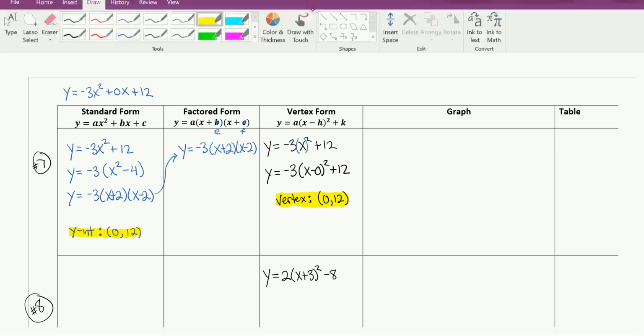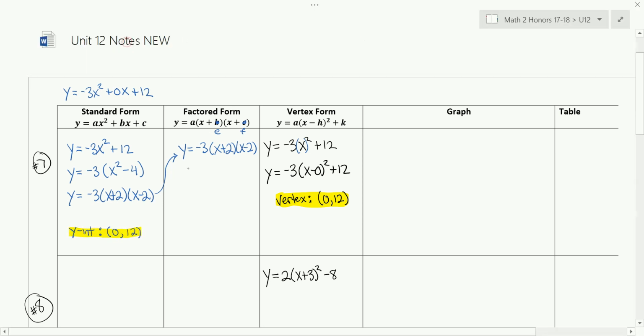Let's find our x-intercepts. Let's set y equal to 0. And this time we have 3 factors. So this is like me saying, hey, 0 is equal to -3 times something else, right?